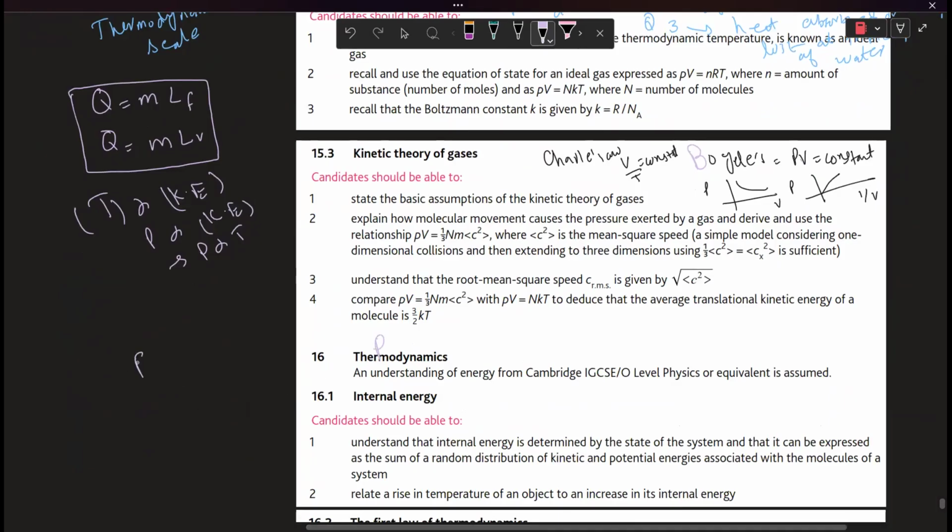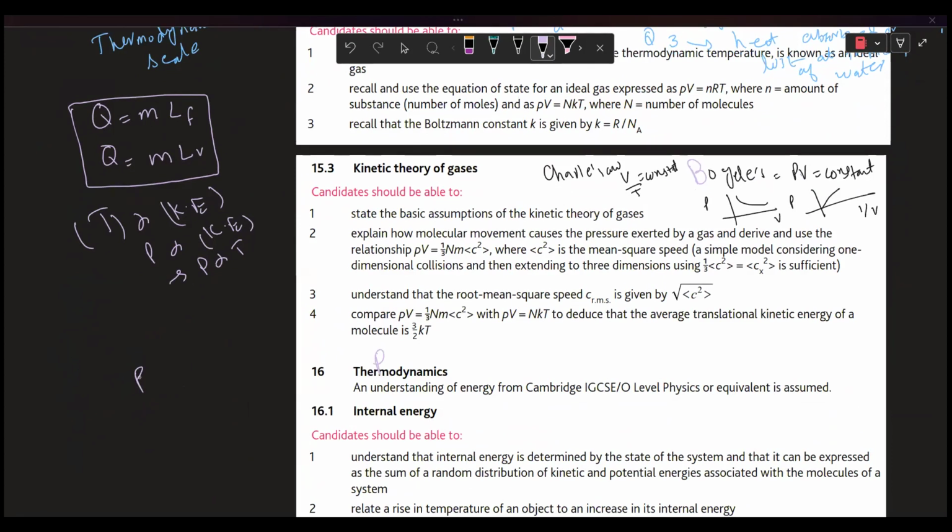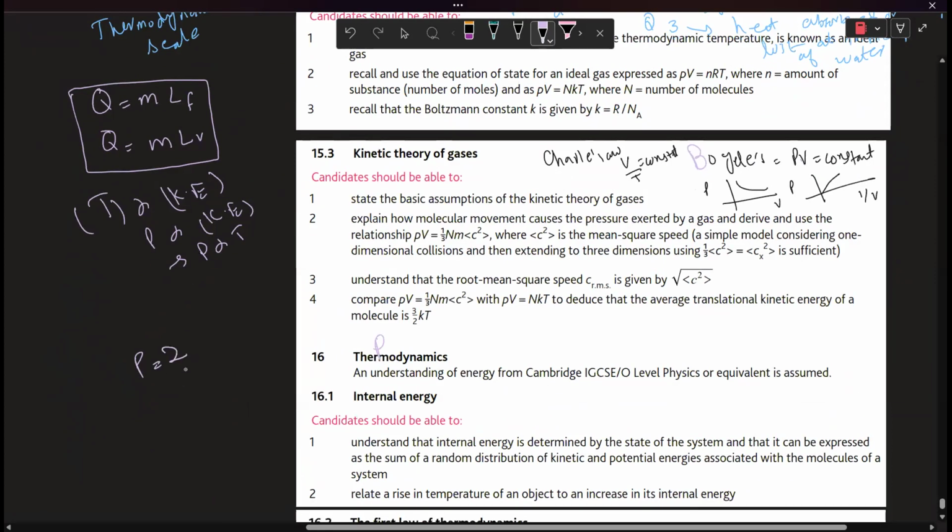Pressure is equals to 2 by 3 N over V into kinetic energy. So if we discuss Boyle's law, in Boyle's law what does temperature remain?